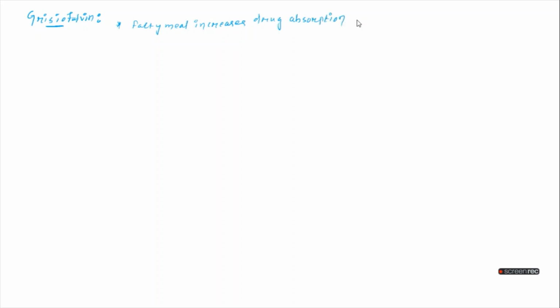Its mechanism of action, I have told you previously, is that it acts by interfering with microtubule formation.